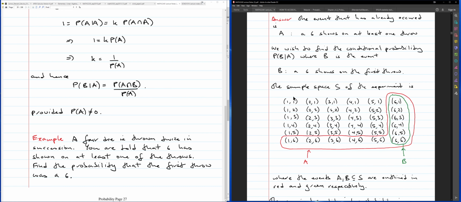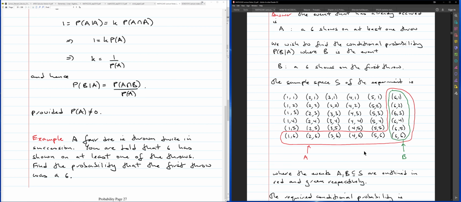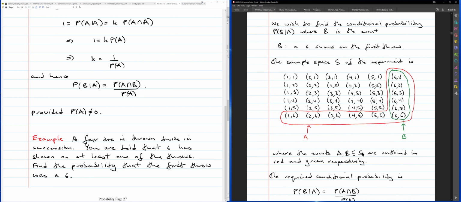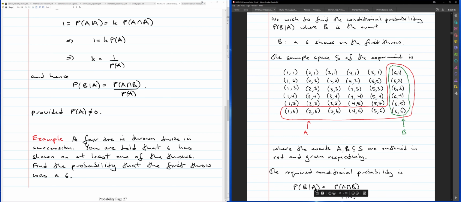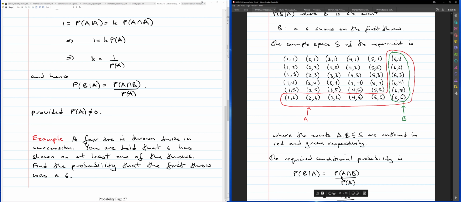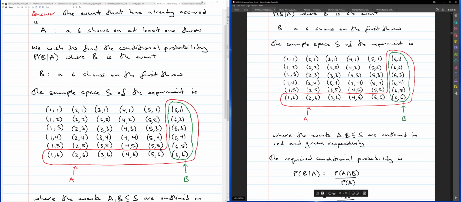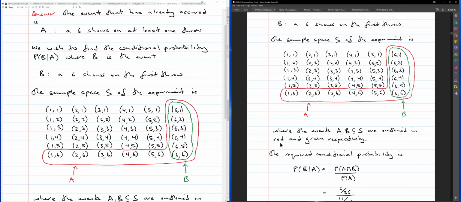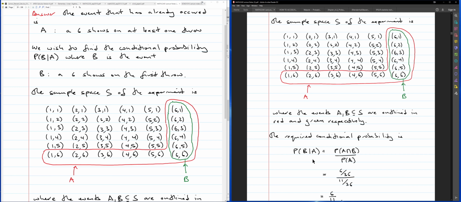We could work it out using our definition. We want the probability of B given A, and we calculate the conditional probability as the probability of A intersect B divided by the probability of A. So what's the probability of A intersect B?